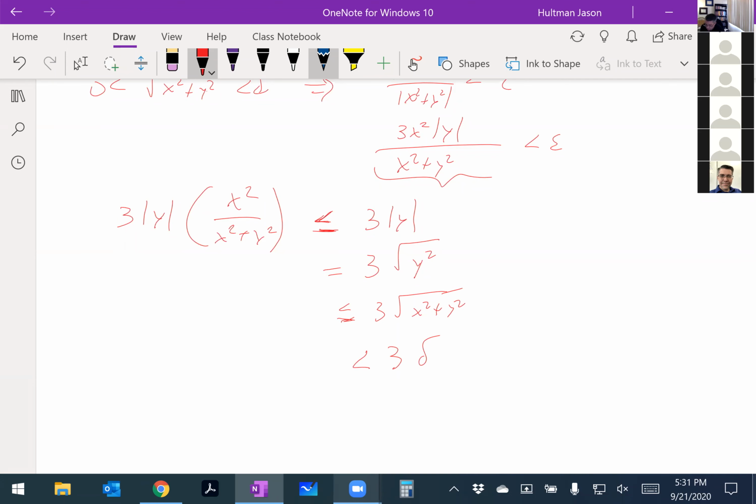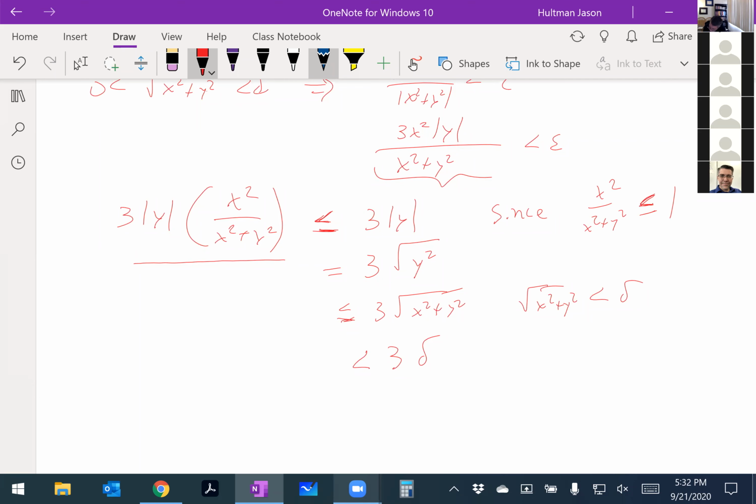Why? Because the square root of x squared plus y squared is less than delta. So follow the logic here. The original was less than or equal to 3 absolute value of y, since x squared over x squared plus y squared is less than or equal to 1.